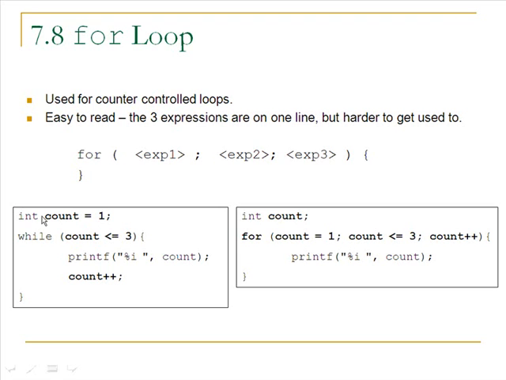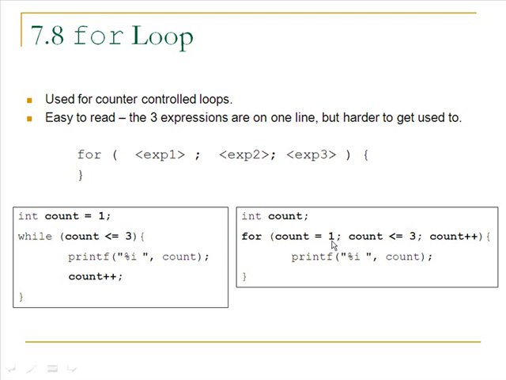So in this simple while loop that loops three times, starting at 1, less than or equal to 3 is the stop condition, and incrementing in steps of 1. Those are the three expressions that we're going to put in the for loop, and the behavior is the same as we have on the left.